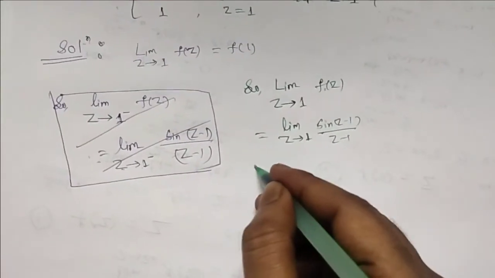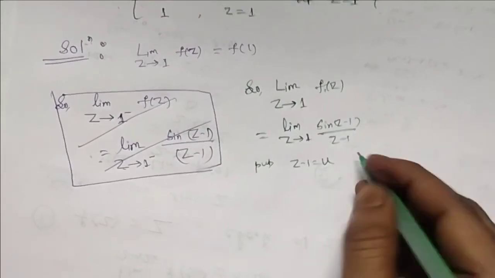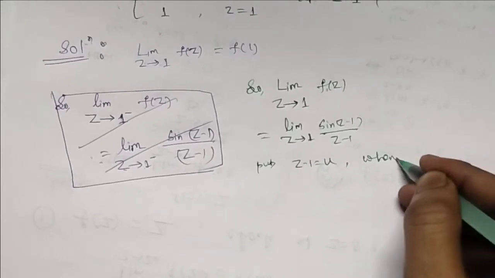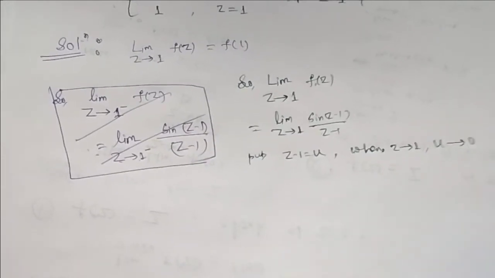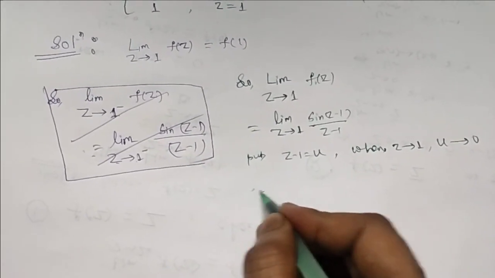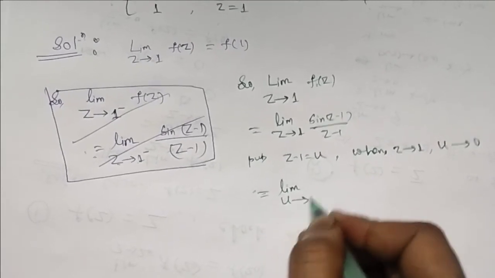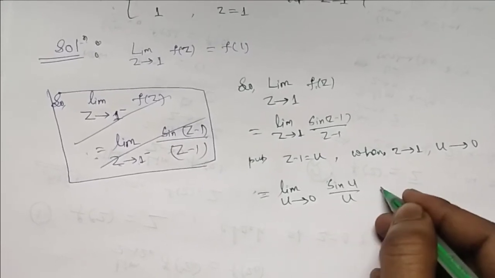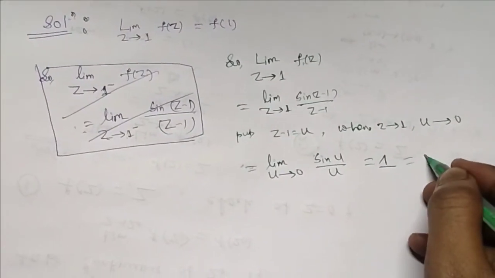Here we put z - 1 = u, and when z tends to 1, u tends to 0. So the limit as u tends to 0 of sin(u)/u is equal to 1, and this is equal to f(1).